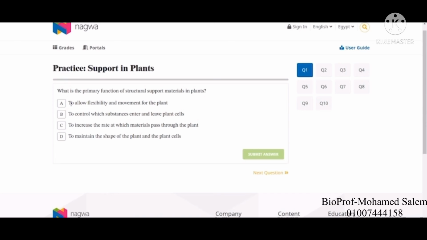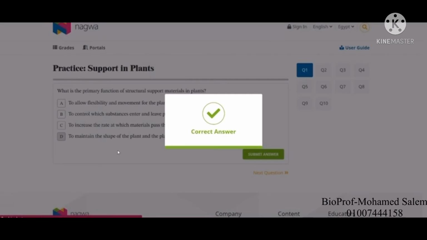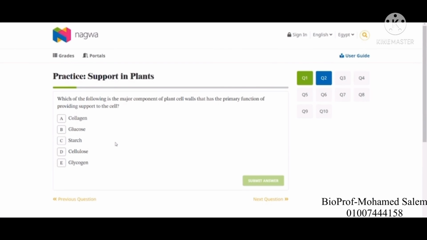We can choose the most suitable answer: to maintain the shape of the plant and the plant cell, as we said. So it will be the correct answer. Second question, which of the following is the major component of plant cell walls that has the primary function of providing support to the cell?